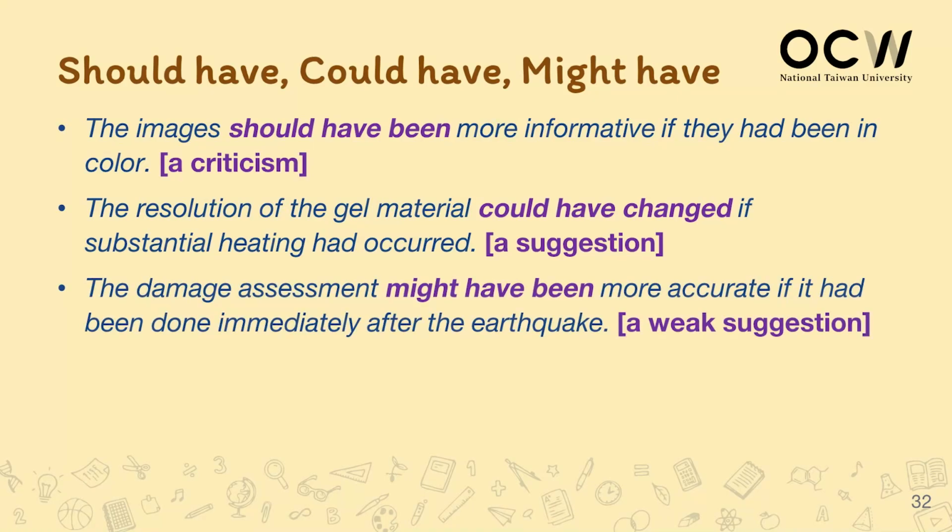And the third example, the damage assessment might have been more accurate if it had been done immediately after the earthquake. In this case, because you're using might have been, you are suggesting something, but the strength of the suggestion will be quite weak.